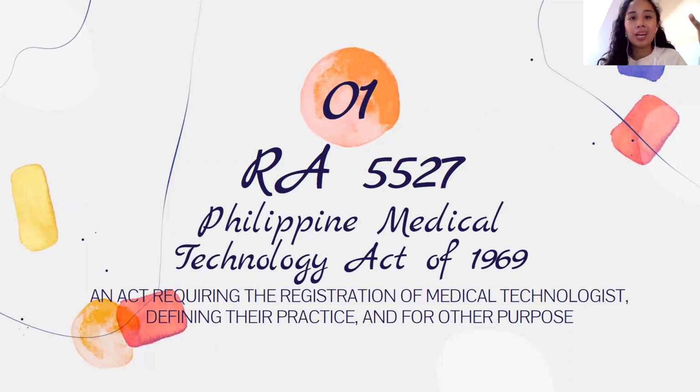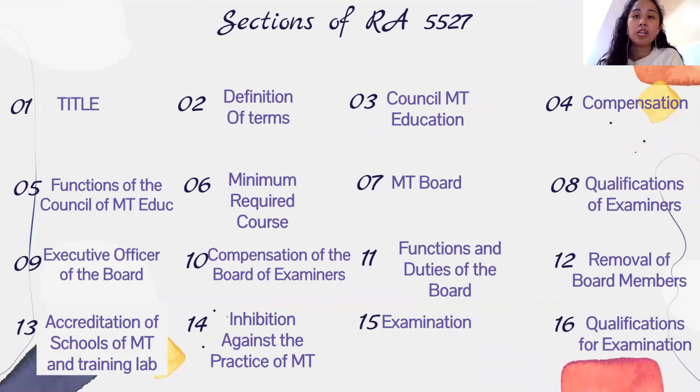Not only does it define the work of medical technologists, it also defines what is required to become one. Of course, you have to finish a 4-year degree of Bachelor of Science in Medical Technology or Bachelor of Science in Medical Laboratory Science. Of course, you have to finish those 4 years. Then you take the board examination. Then, class, you will get your registration and your license.